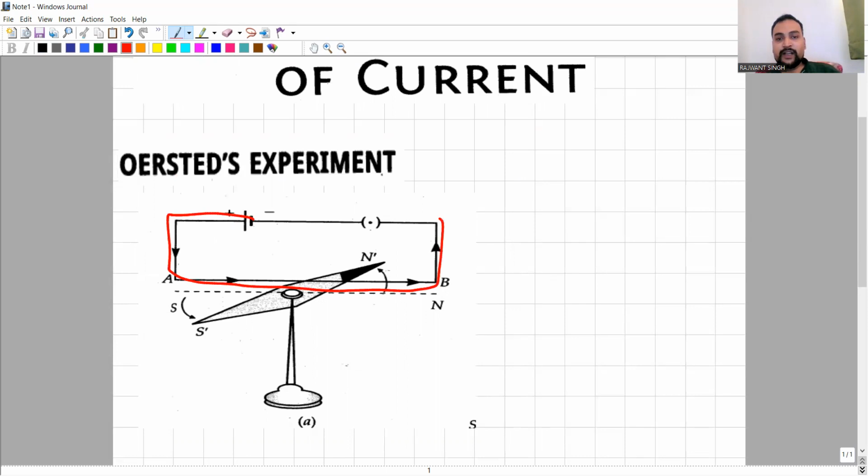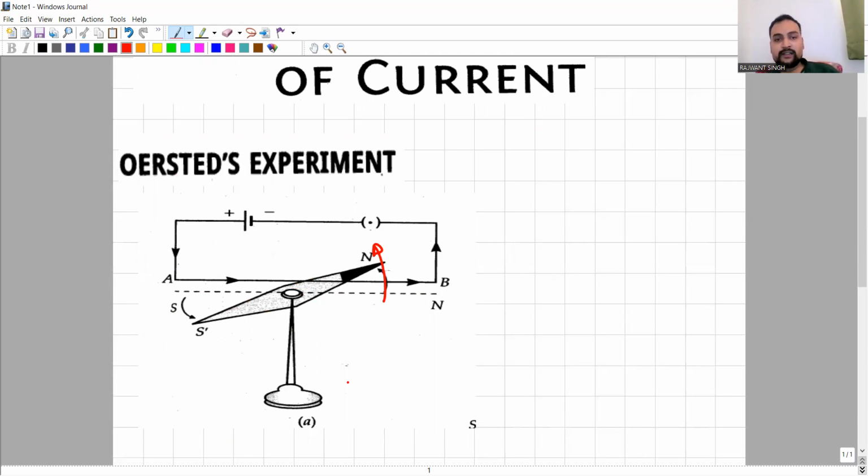And what he did was put a magnetic compass just below this circuit. When he put the magnetic compass below the circuit, he saw that when the current is flowing, this magnetic compass is getting deflected.